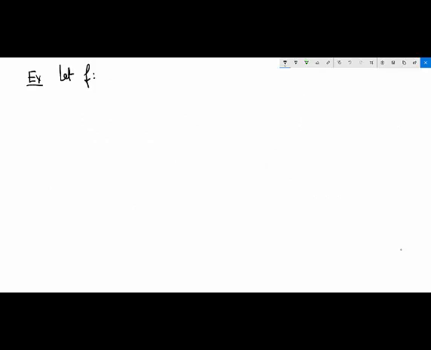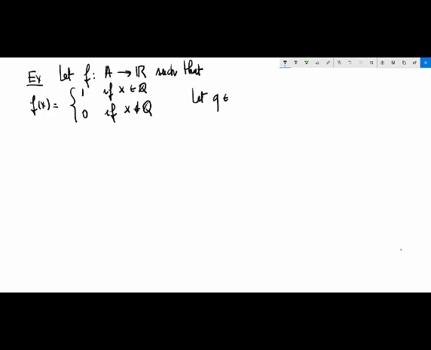Let f be a function from the reals to the reals such that f of x is equal to 1 if x is a rational number, and 0 if x is not a rational number. Now let q be some rational number.